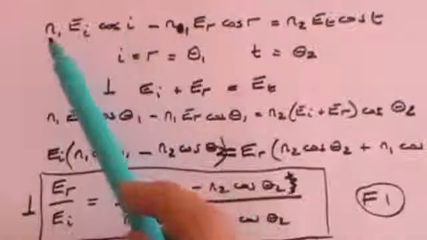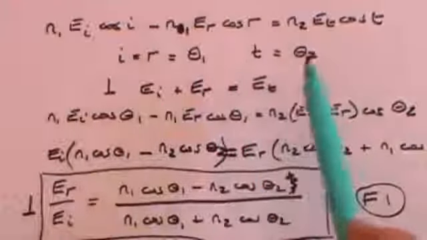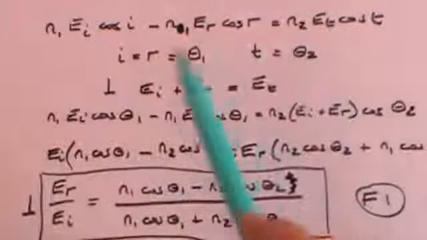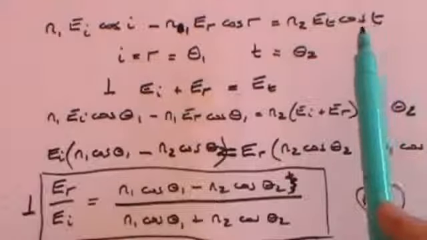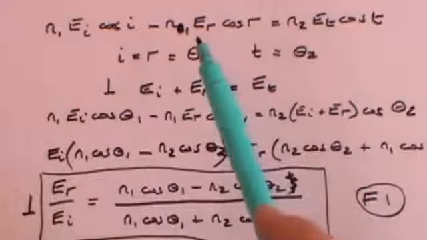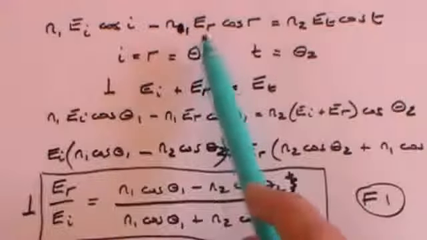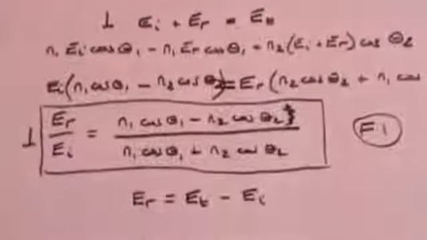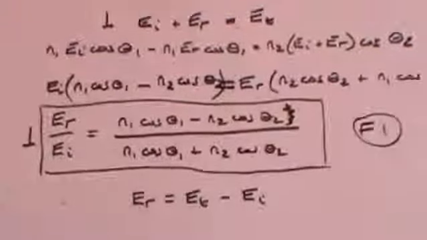And once again we're going to substitute theta 1 and theta 2 for I and R and T. But this time we're going to change ER into ET minus EI.